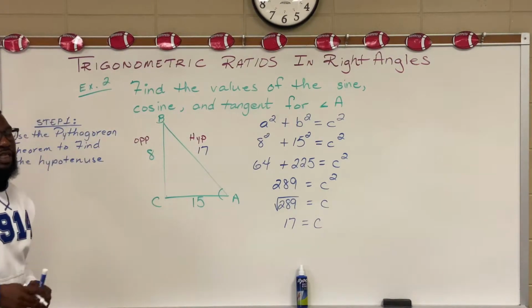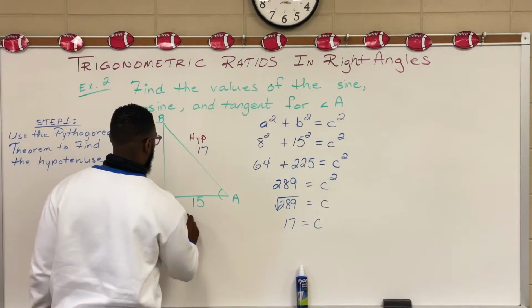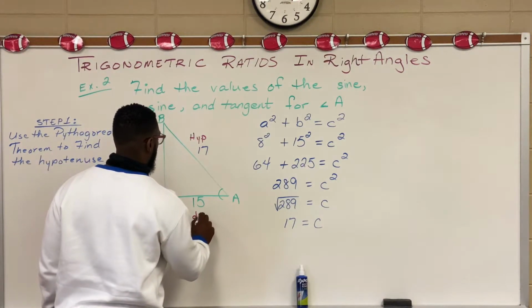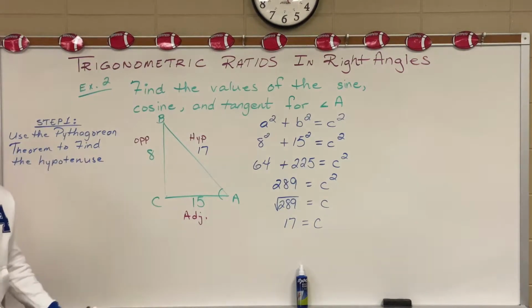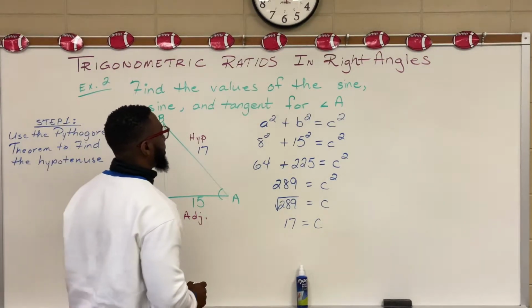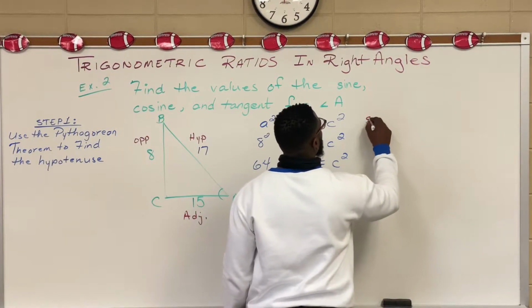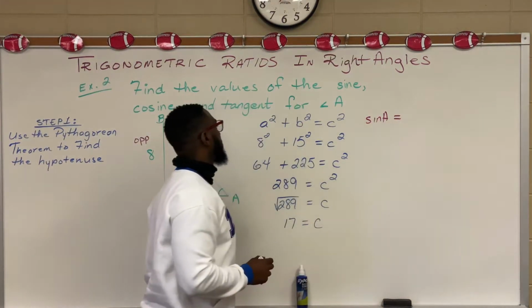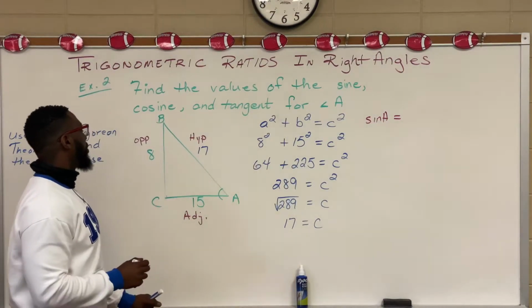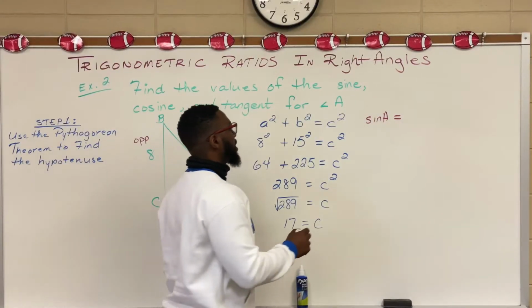Which leaves 15 as adjacent. So the sine of A equals opposite over hypotenuse, 8 over 17.